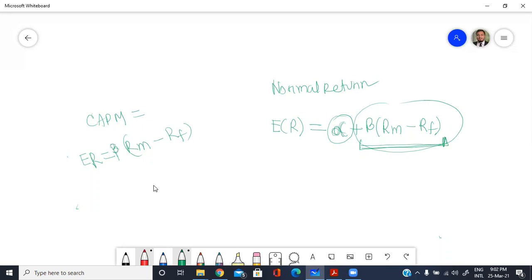What do you think? Sorry, what CAPM has said? Yes, sir. CAPM has said excess return of a stock is directly proportional to beta of the stock. If I'm talking about return of stock, the beta of this stock.